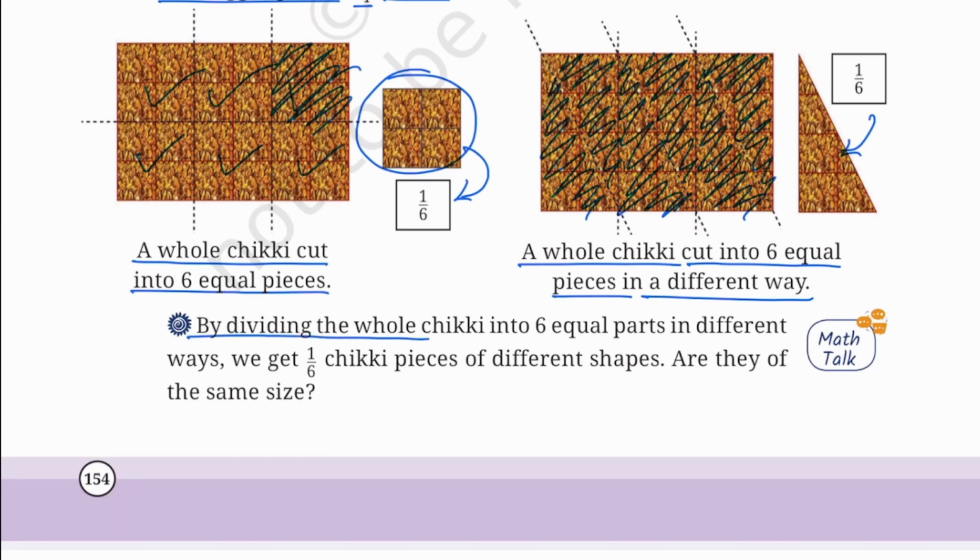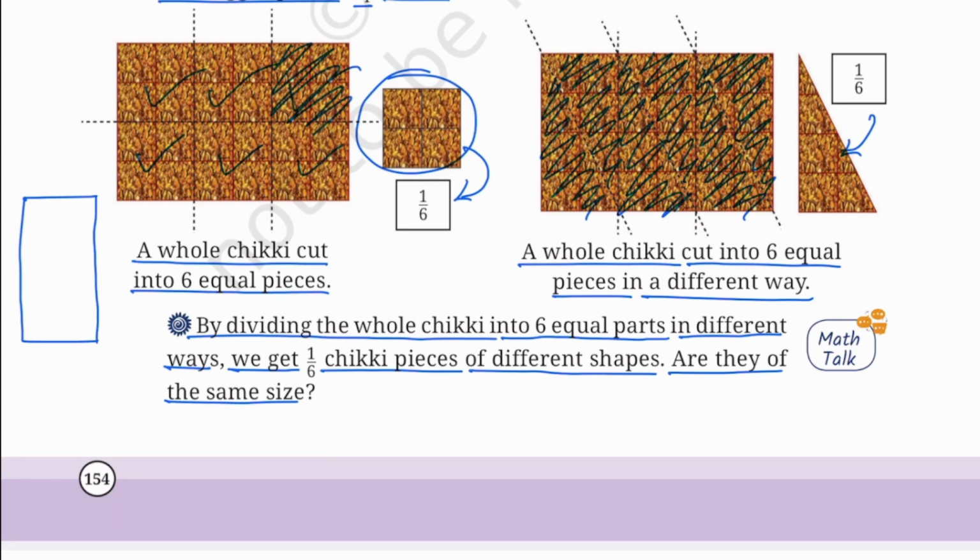By dividing the whole chicky into 6 equal parts in different ways, we get 1 upon 6 chicky pieces of different shapes. Are they of the same size? You already know area of a triangle is half of the rectangle formed by its double. So this area is half of the area of this rectangle.